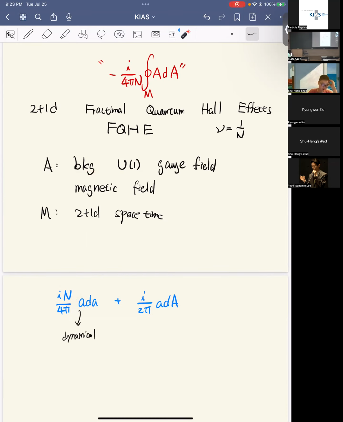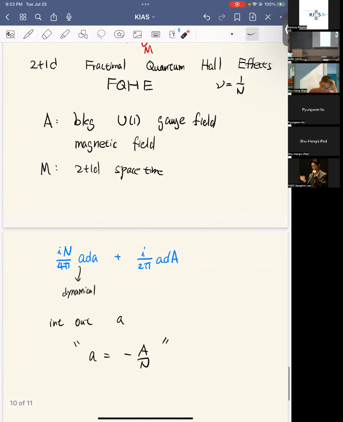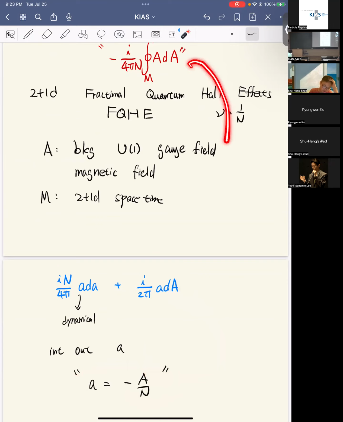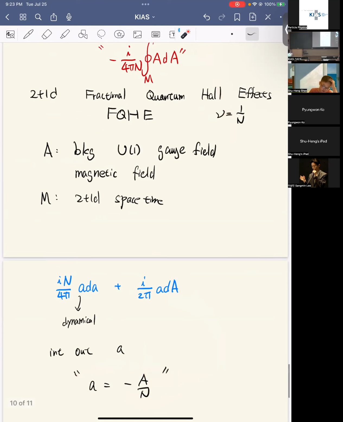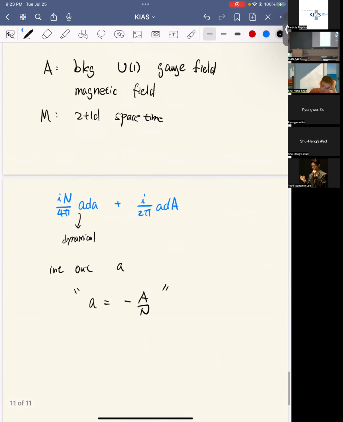Formally, you might want to relate them by integrating out little a to obtain a equals minus capital A over M. If you naively substitute this in here, you retrieve the red action. But that's not legal because both little a and capital A are properly quantized. What do I mean by properly quantized?